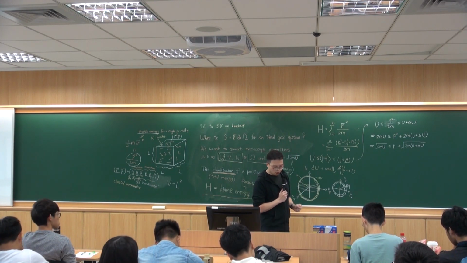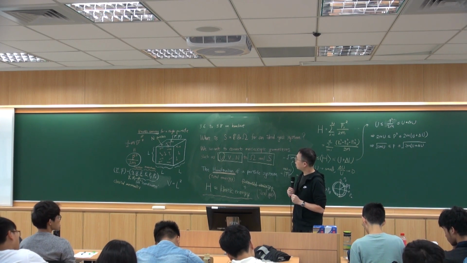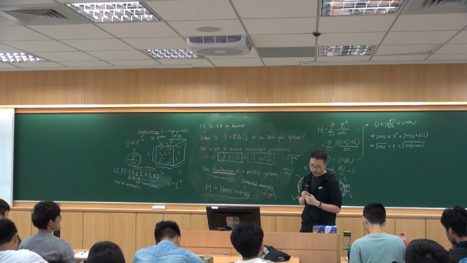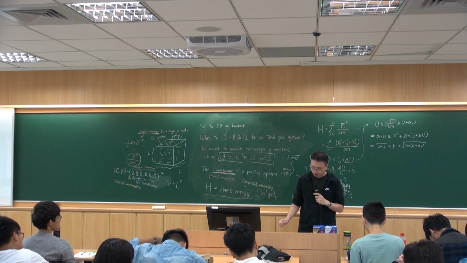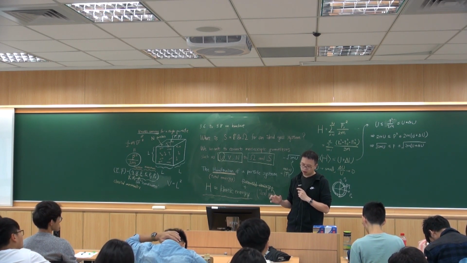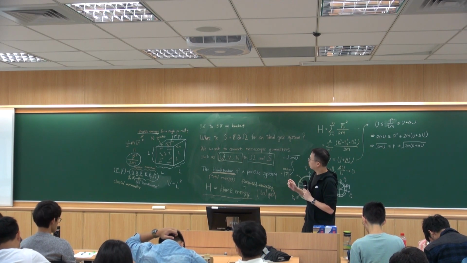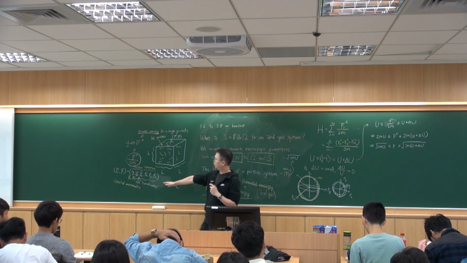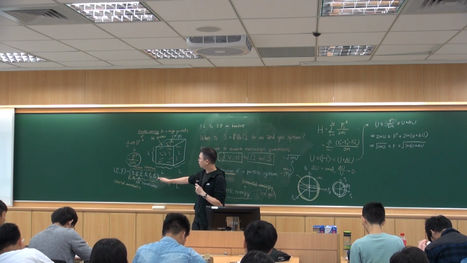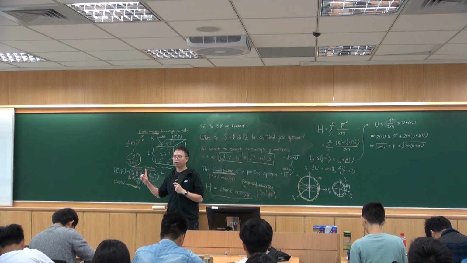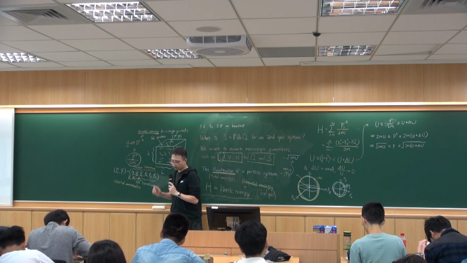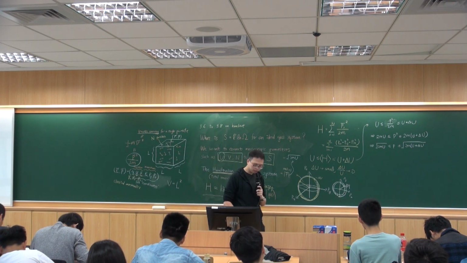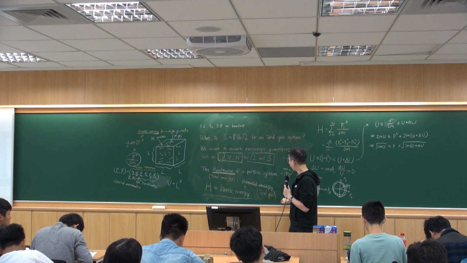Okay, so right now we want to calculate the number of possibilities, or number of states, in the system. And to calculate that, we have to figure out what the possibilities are. So this is the coordinates for one particle. And let's say this will span a space called phase space.